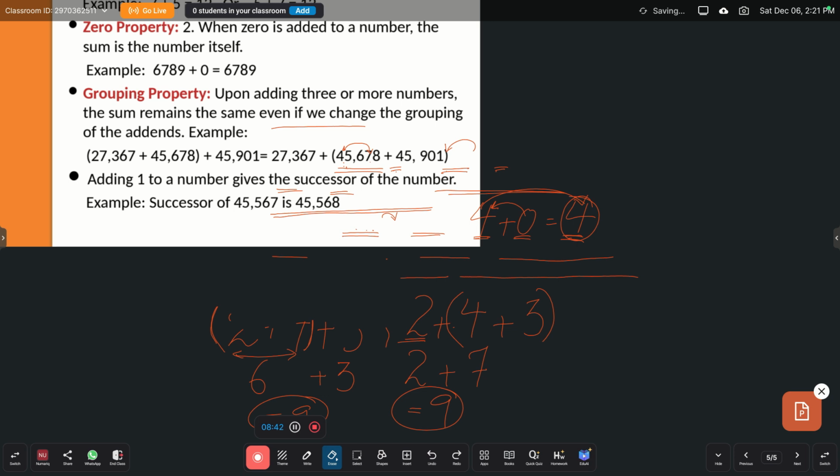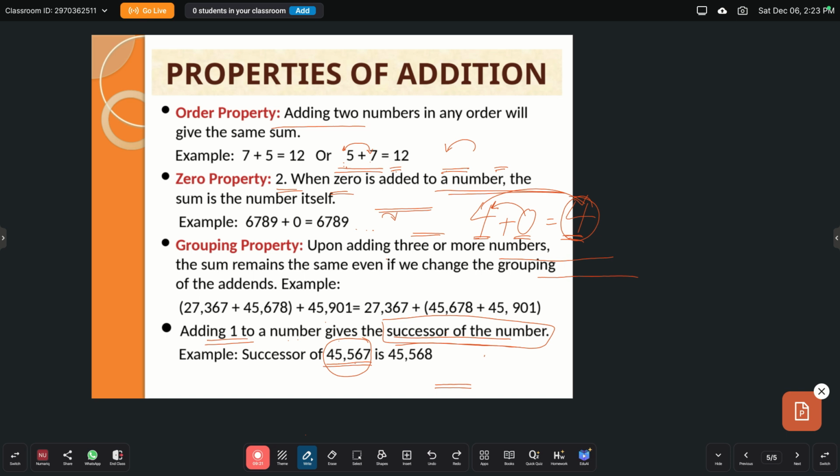The number is 45,567. When I add 1 to this number, what will be the answer? The answer will be 45,568. Okay, beta? So, upon adding 1 to any number, you will get the successor of that number.